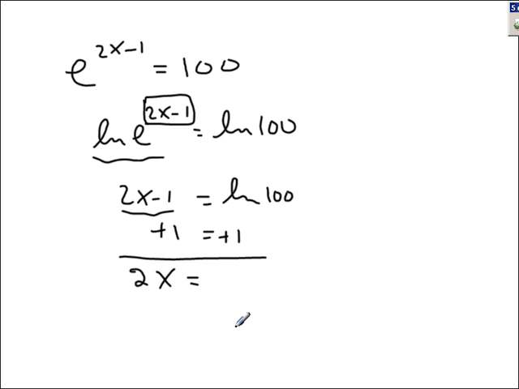Now, in terms of notation, if you write ln of 100 plus 1, some people might think you mean ln of 101. But if you write the 1 in front, 1 plus ln of 100, you won't think that's ln of 101.